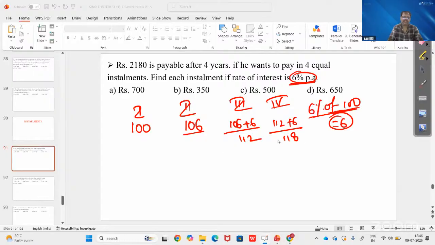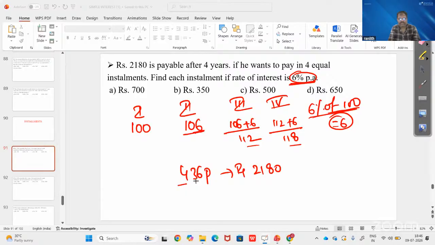We need to add all the values. For total years, 100 into 4 is 400. But the extra payment we are paying is 12 plus 18 is 30, 30 plus 6 is 36. So 436 parts, where the total amount is rupees 2180.